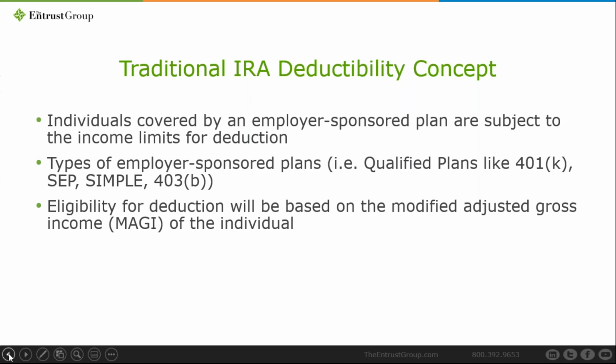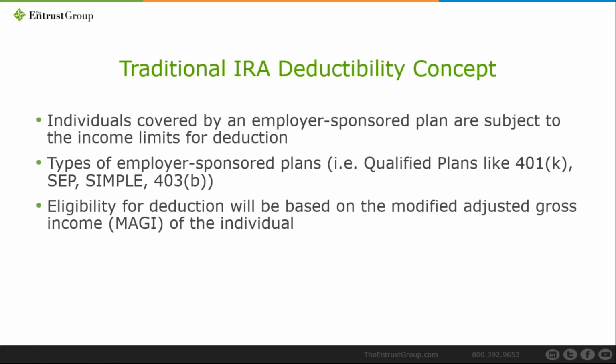If you ever get asked, how does an individual know whether or not they're covered or not? Well, check their W-2. There's a little box called pension, a pension box on the IRS form W-2, that if that's checked, that tells the IRS that the person is covered. But if that box is not checked, the IRS will view that person not to be covered, right? If a person is covered, the level of their modified adjusted gross income will determine whether or not their contribution is deductible or not.